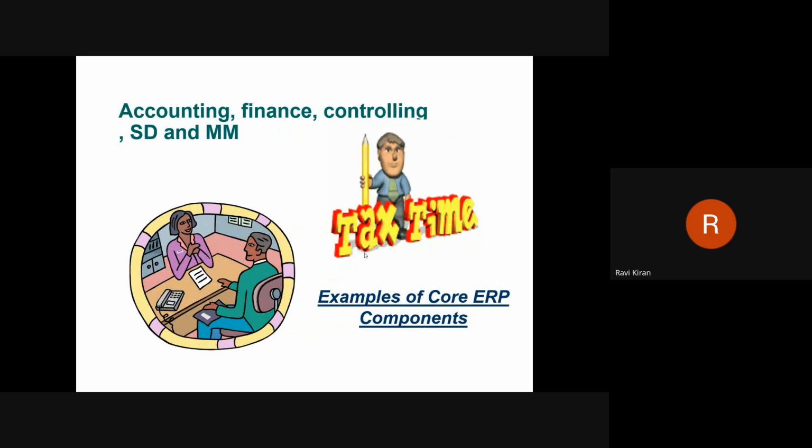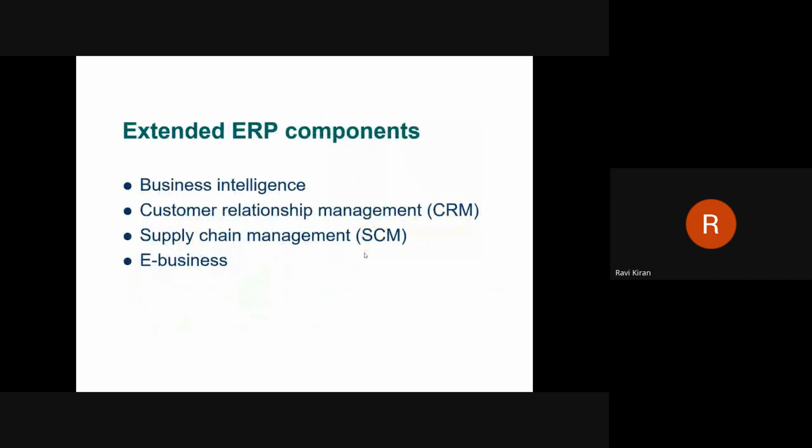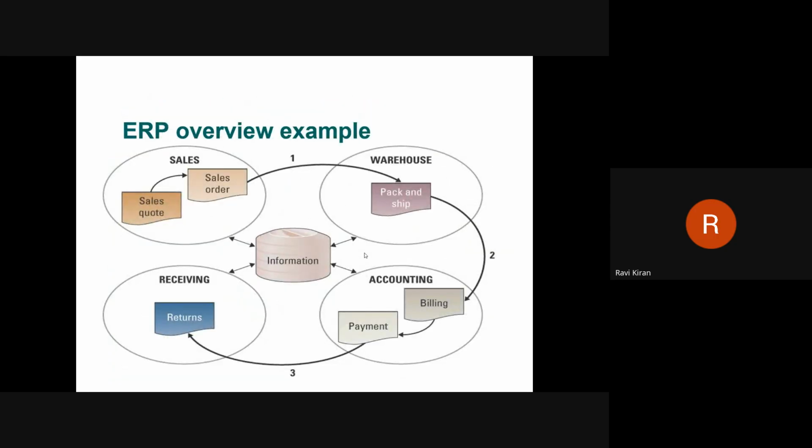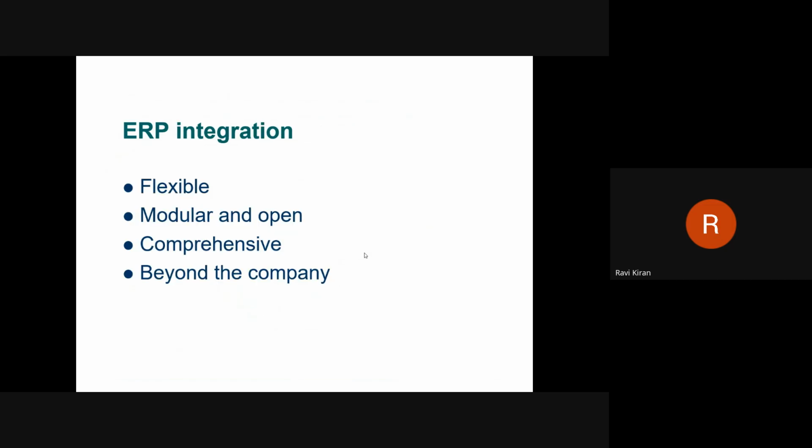So you can see this. We have related details here, with flow charts showing information flowing from one system to another. SAP is a very ready-made software. It is flexible, modular, comprehensive. Beyond the company, it thinks about your competitors, your suppliers, your vendors.